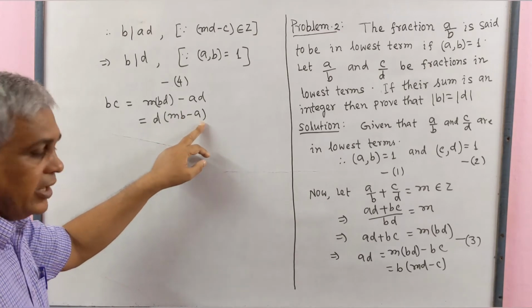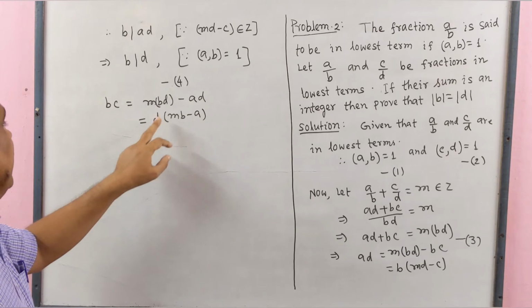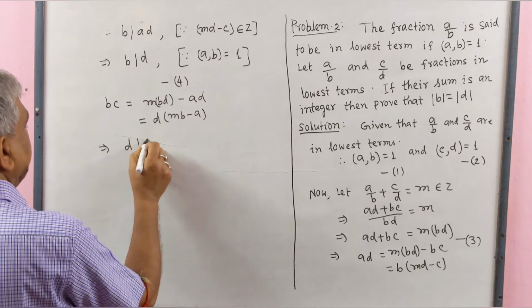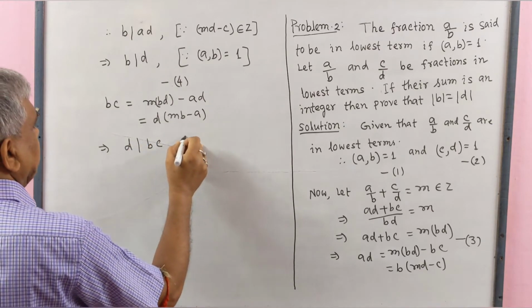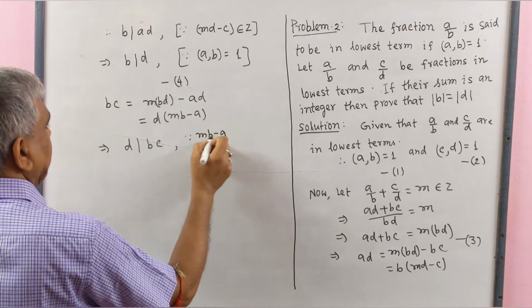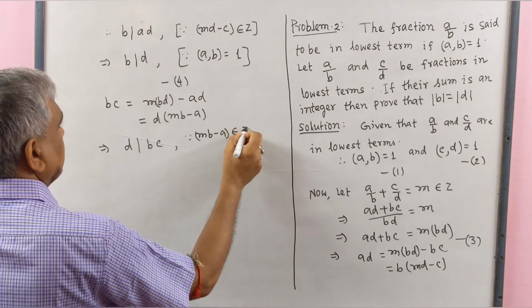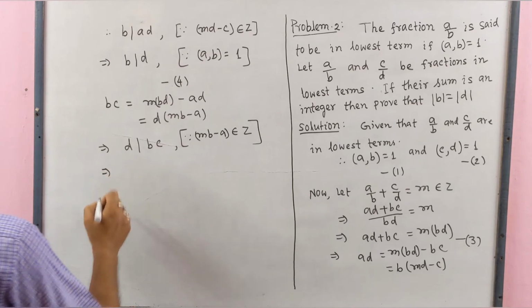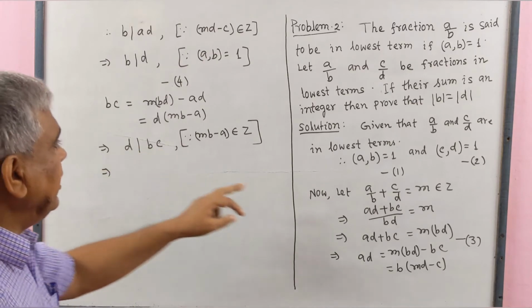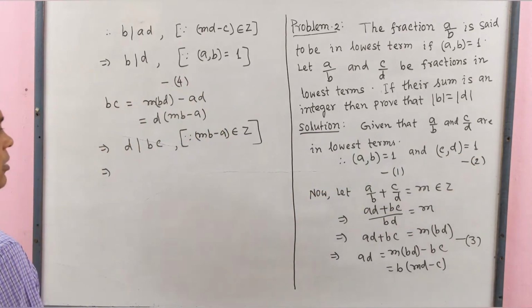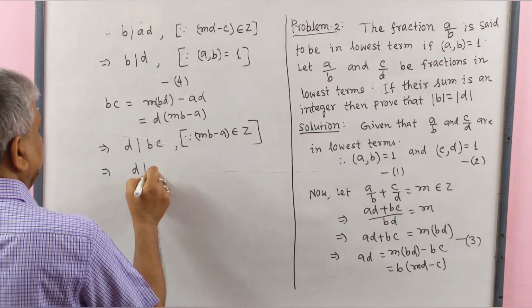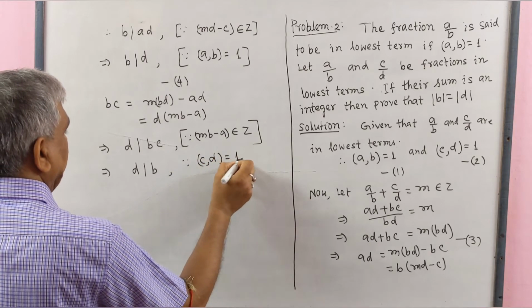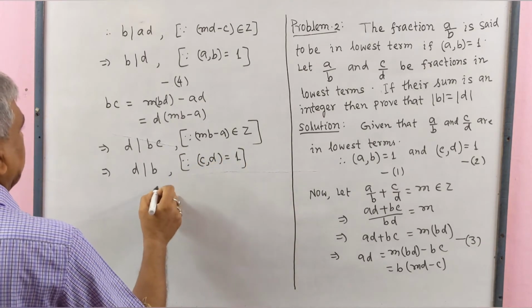Therefore, mb minus a is an integer. d multiply an integer equal to bc implies that d divides bc, since mb minus a belongs to Z. Since GCD of c and d equal to 1, therefore d divides b, since GCD of c and d equal to 1. This is number 5.